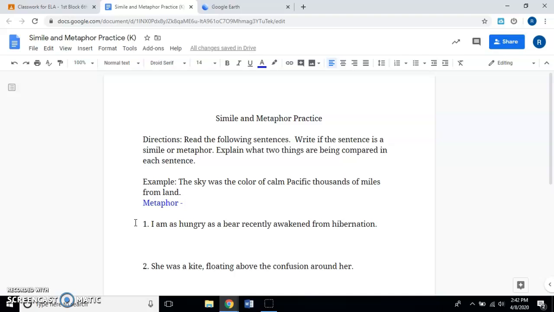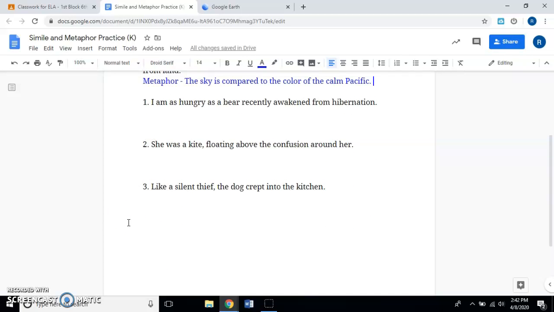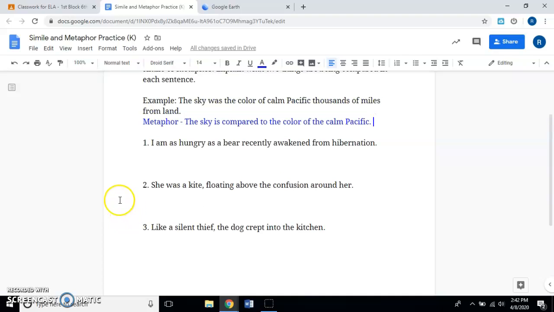So I have the sky was the color, so I'm thinking the sky is the first thing, and it's being compared to the color of the calm Pacific. Okay, and then you have 3 sentences to practice today.